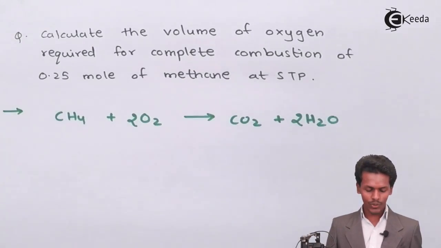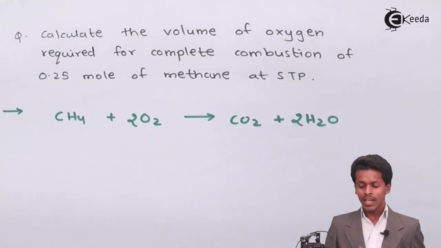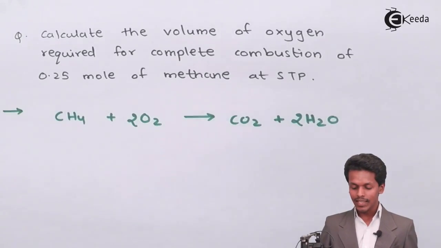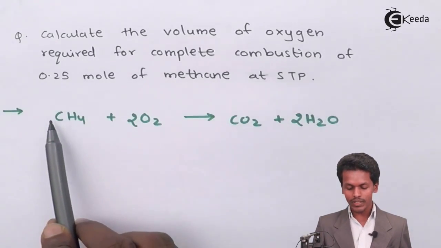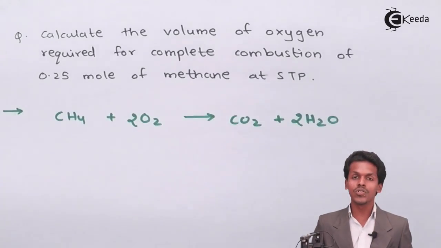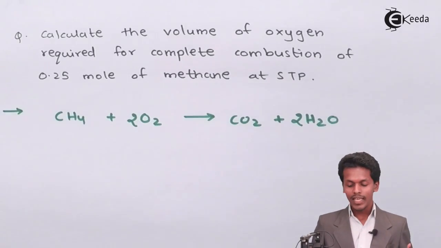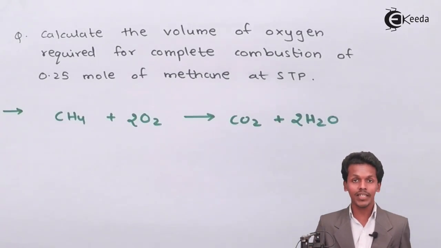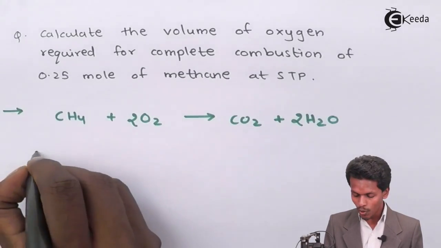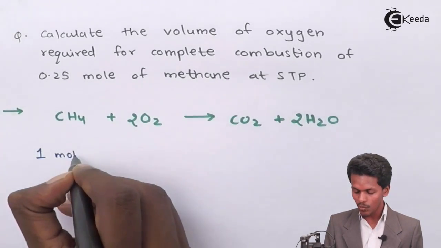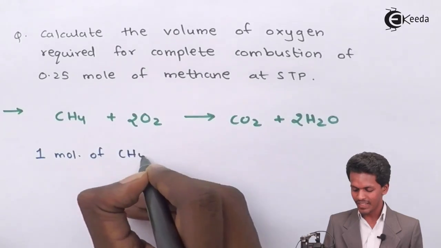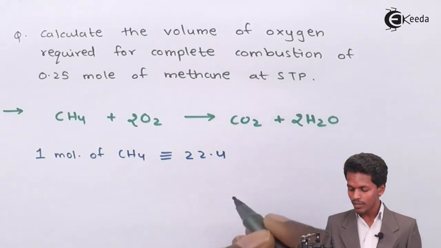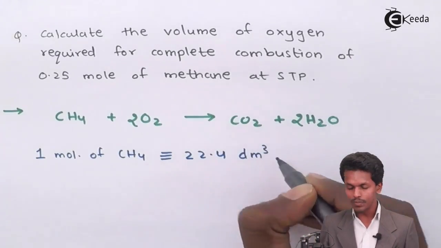So now the next thing we are going to do is write the data that they have provided to us. As you could see, 1 mole of methane requires 2 moles of oxygen. If I convert 1 mole into volume, 1 mole of CH4, that is methane, will occupy 22.4 dm cube of volume.